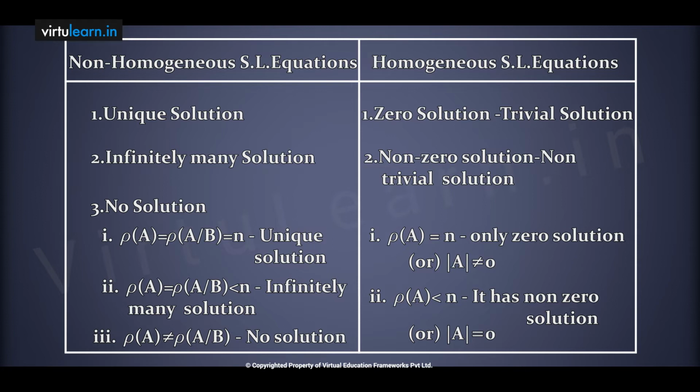Suppose on the RHS all the numbers are zeros, like x + y + z = 0, 2x + 3y - z = 0, equal to 0 without any real number, then that system is called a homogeneous system. Means the B matrix is the zero matrix. If B matrix is the zero matrix, then that is a homogeneous system of linear equations. These are the important points to solve systems of linear equations.